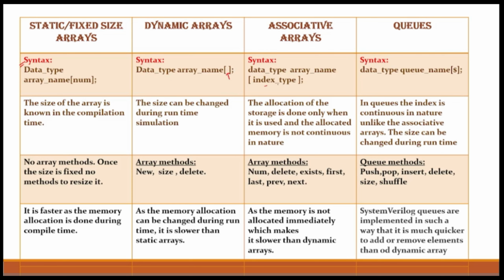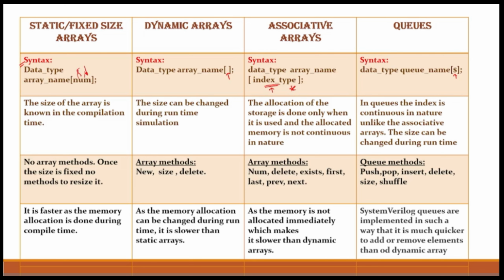For associative array, within the square bracket you should have the index type, which means which data type it is, or you can just have a star. For a queue you should have a dollar. Dollar represents that you are using a queue, star represents an associative array, empty space represents a dynamic array, and if you are notating it with some number like 5 or 6, then that represents a static or fixed size array.